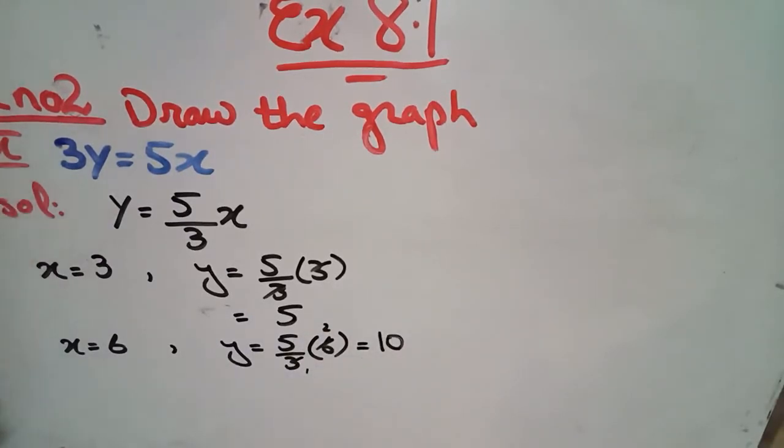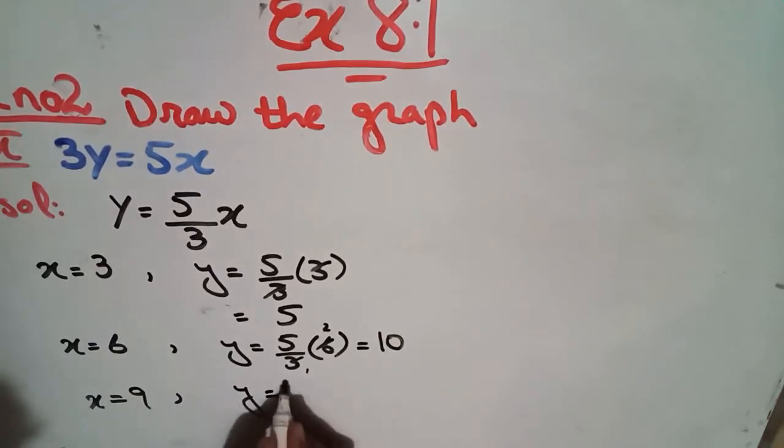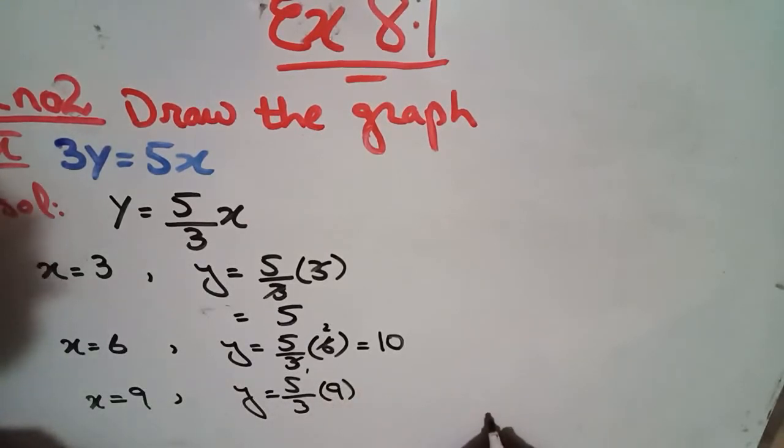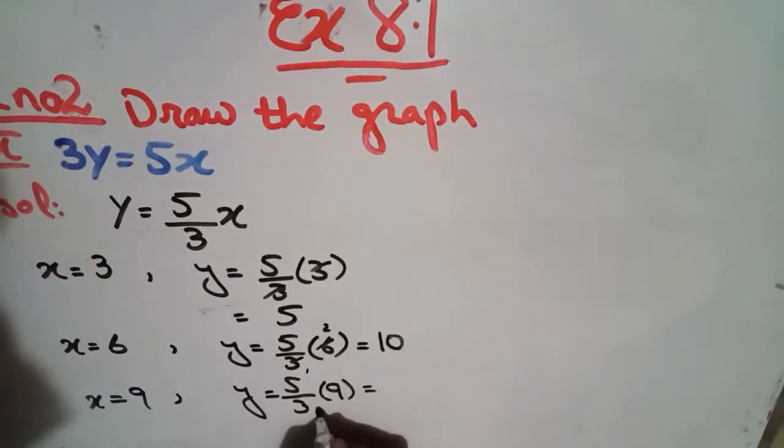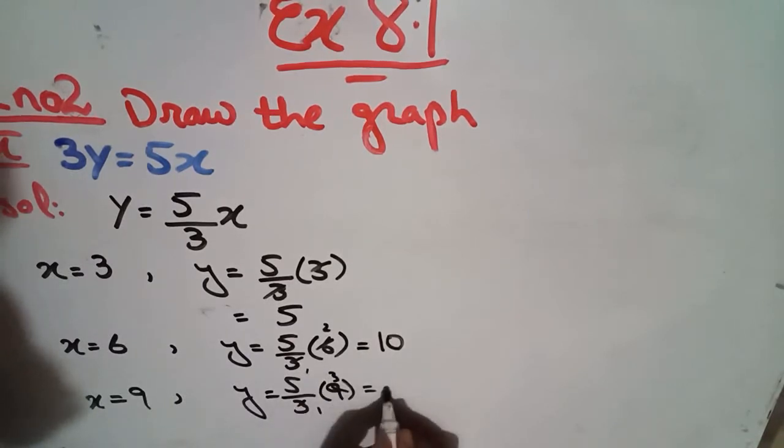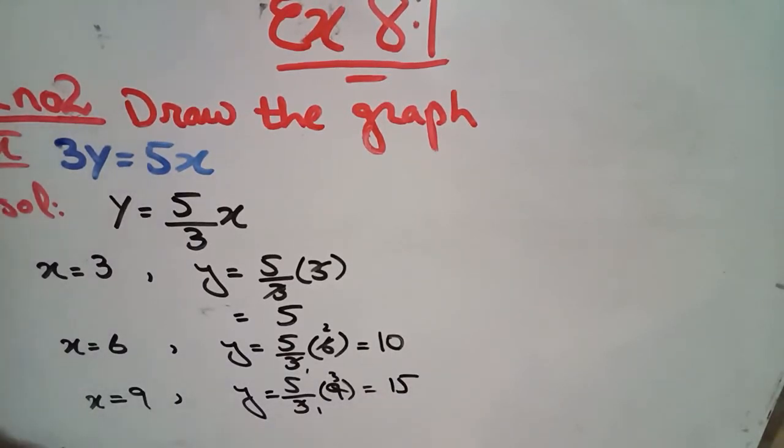Okay, now if you are taking x is equal to 9, the value of y will be 3 ones are 3, 3 threes are 9, 5 threes are 15. So the value of y will be 15.